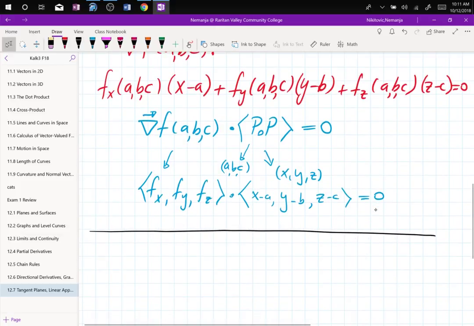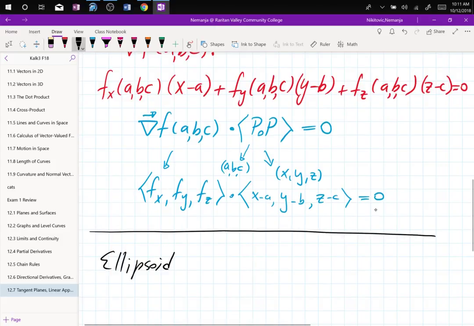So as an example of this, let's say you have some kind of ellipsoid. Let's say your ellipsoid is x squared over 4 plus y squared over 16 plus z squared over 9 is equal to 1.